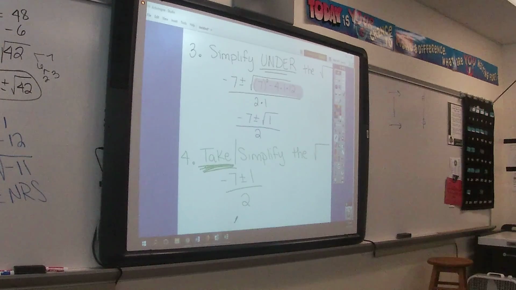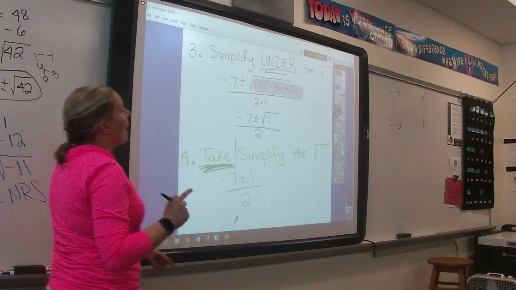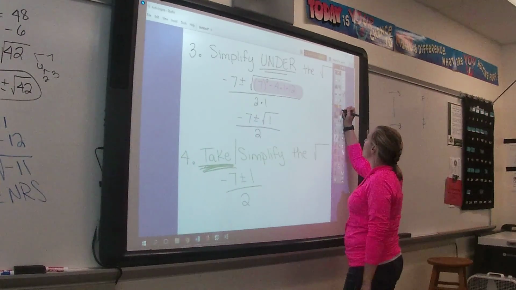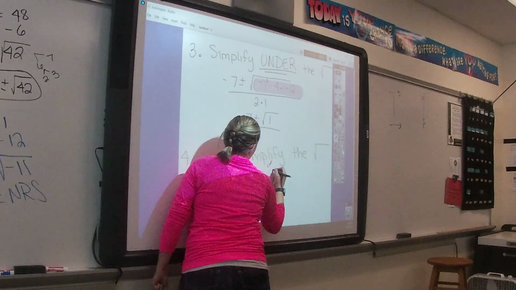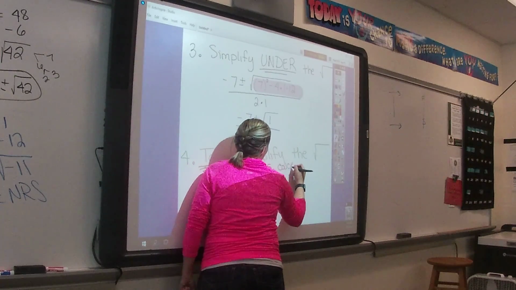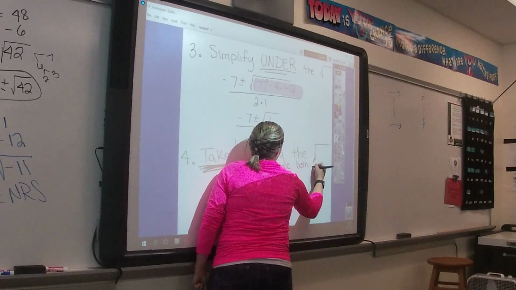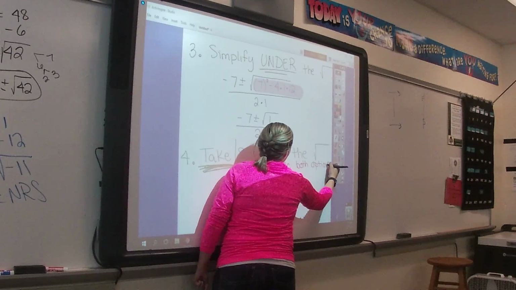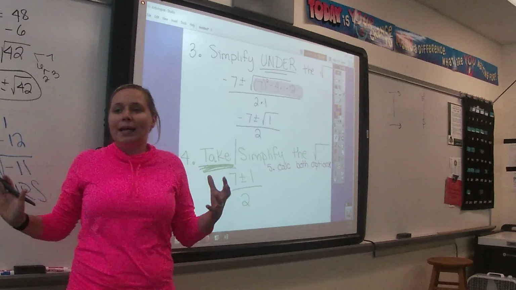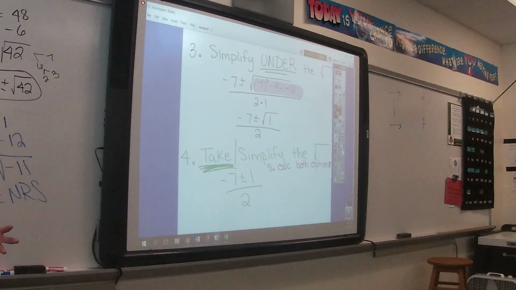Our 5th step is that we are then going to calculate both options. Bailey sort of brought it up before. There is no plus or minus button on our calculator. So we have to know that that means 2 different options.